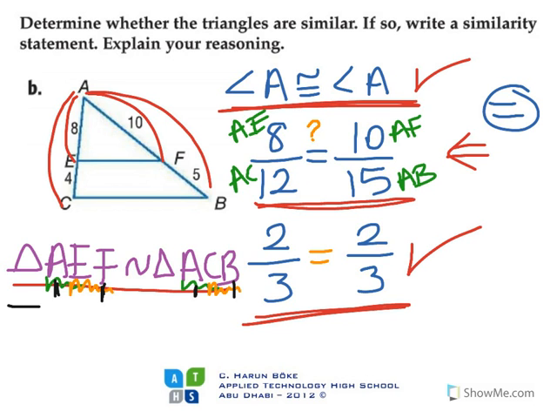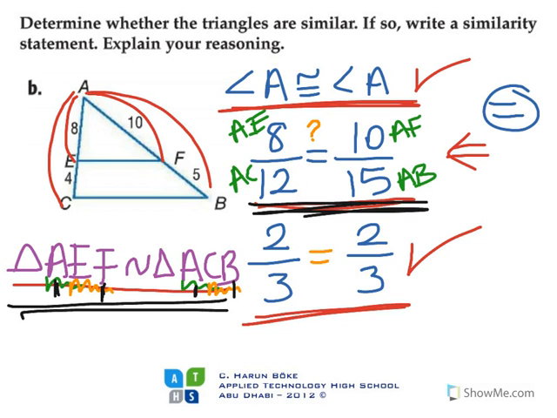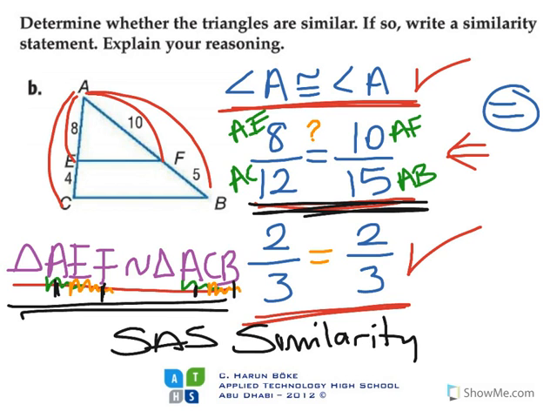You see, my similarity statement corresponds with the proportion that I use. So these two triangles are similar according to side-angle-side similarity, which you have to write as explaining your reasoning.